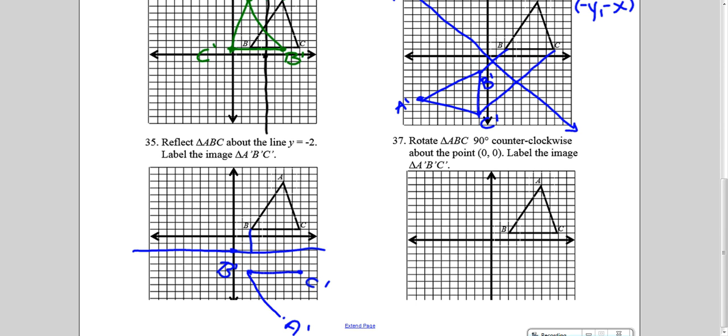All right, rotation of 90 degrees counterclockwise. So I take my x, y point, flip them around, and I get negative y, positive x. So B is the point 2, 1. Then my B prime becomes negative 1, positive 2.